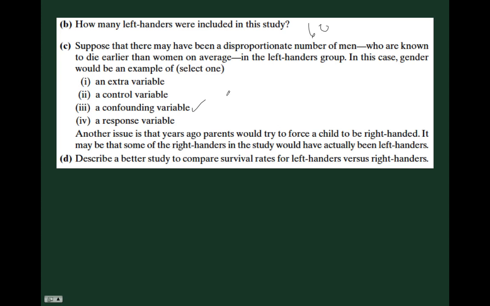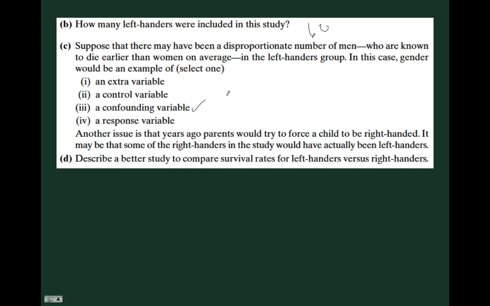So describe a better study to compare survival rates for left-handers versus right-handers. Well, ultimately, I think the best study, if we're interested in studying whether or not handedness causes people to die earlier, is to apply that as a treatment.